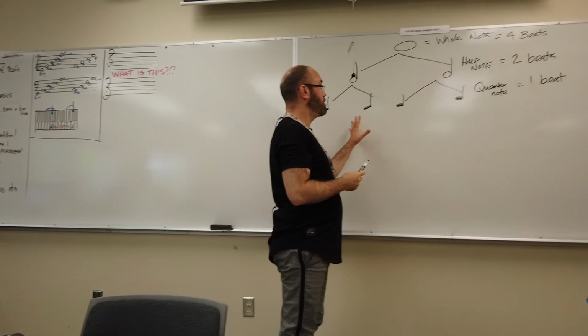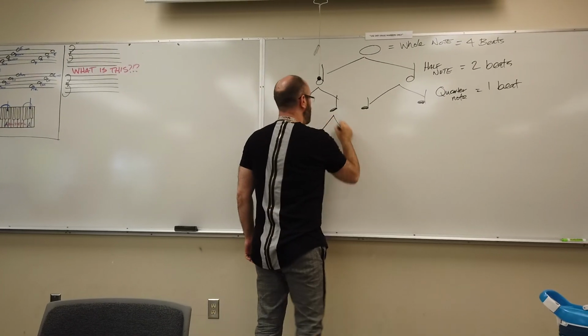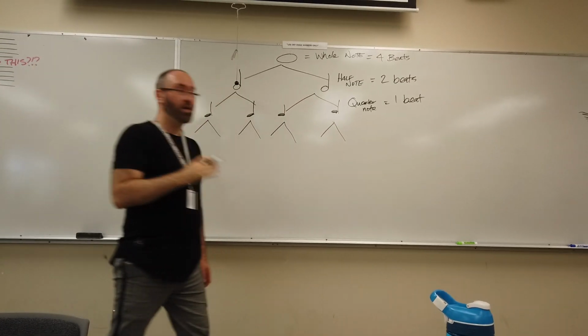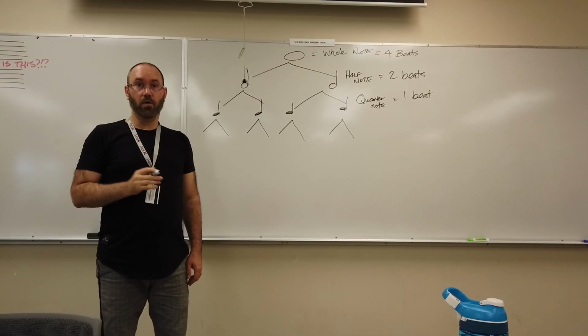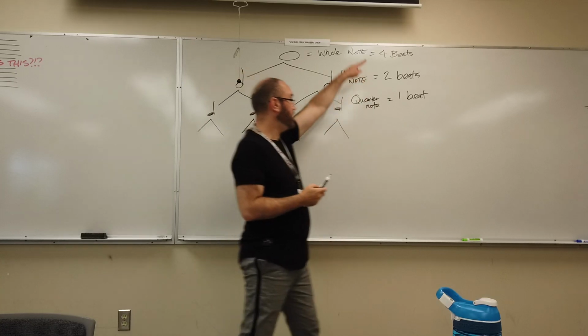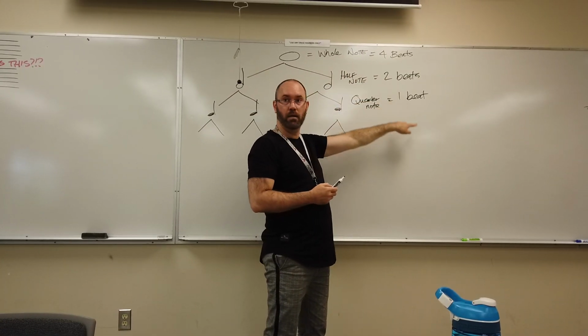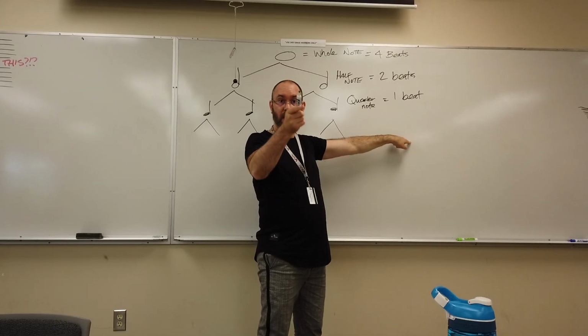Okay, so we can split this even more. So those of you who don't know music, I want to see if you can figure out, using logic, what these relationships are. So first of all, we went 4, down to 2, down to 1. What's the next beat value going to be? Half.